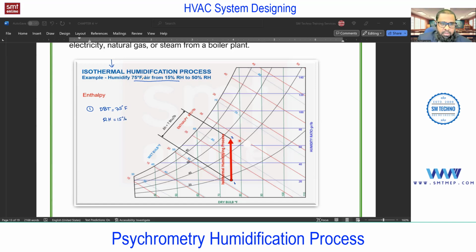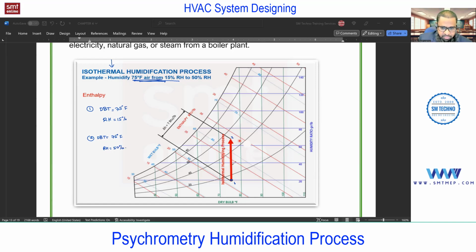Actually, with this condition only we got this point. You know how to get this point in the psychrometric chart. Now, if you talk about point 2 conditions, this is the desired condition. Dry bulb temperature 75. What? Same, because isothermal. And what about the RH? 50%. That is the desired condition.